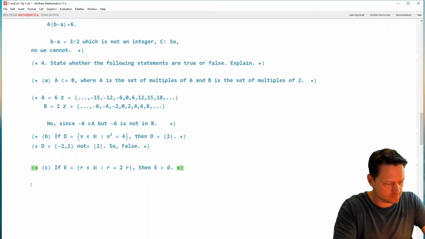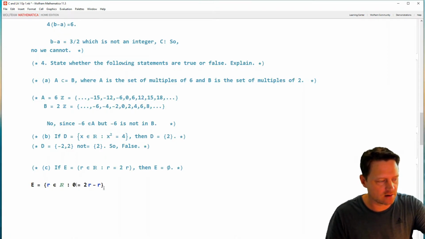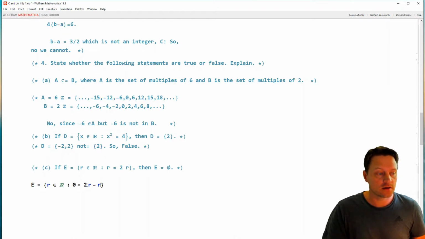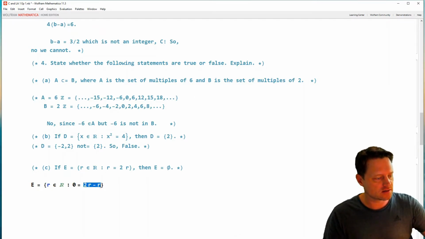Because we can do some simplifying here. So taking this R to the other side of the equation, we would have minus R there and 0 here. 2R minus R is 1R. Okay, so this is R equals 0.